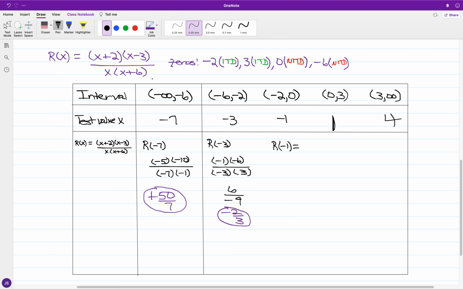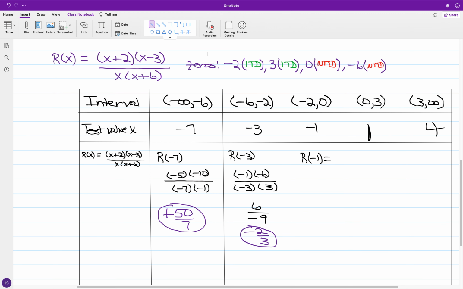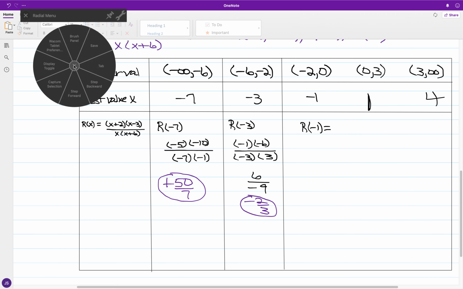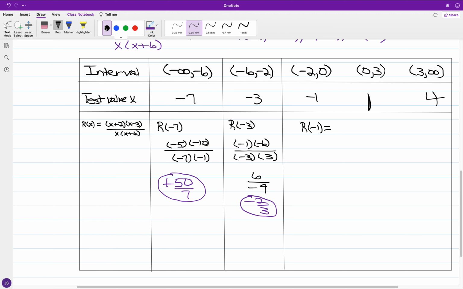In the case of r of negative 1: negative 1 plus 2 is 1, negative 1 minus 3 is negative 4, we have negative 1, and negative 1 plus 6 is 5, so I have negative 4 over negative 5, which reduces to positive 4/5.